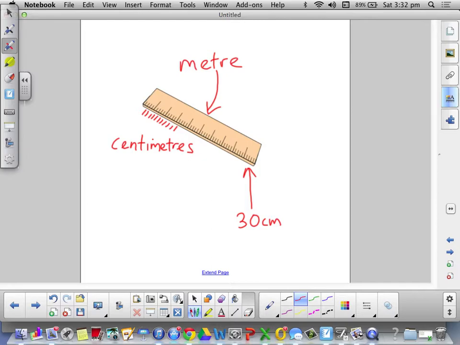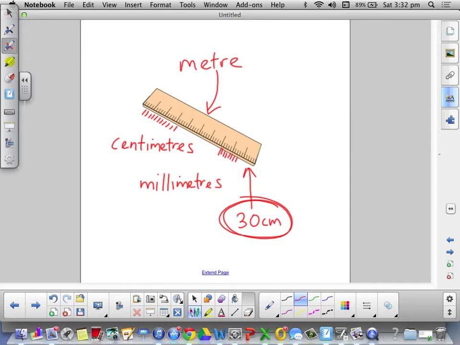Okay, in which case, if it was the 30 centimetre ruler, then these little guys would not be centimetres, would they? No, they would be millimetres. Okay, so we're going to look at the relationship between metres and centimetres and millimetres in this little video today.